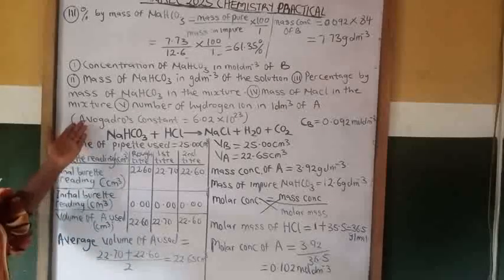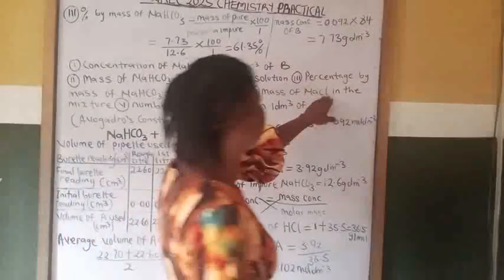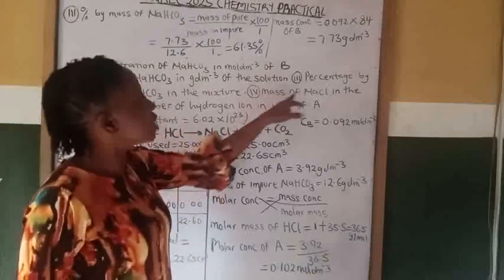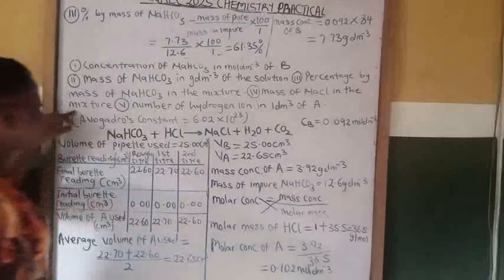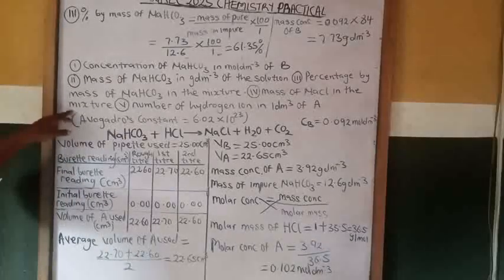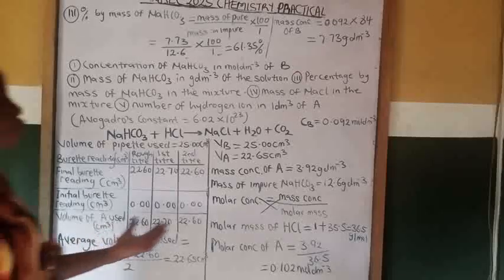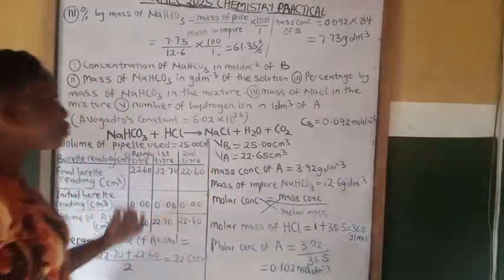So the next one, Roman figure 4: calculate the mass of sodium chloride in the mixture. It will be the total mass, that is the mass of impure minus the mass of pure.